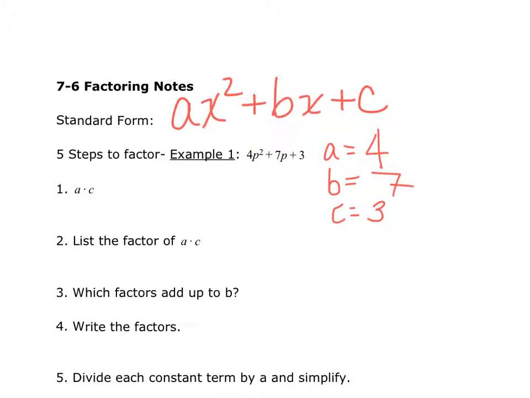All right. So step 1, you ready? Step 1, we're going to multiply A times C. So here A is 4, C is 3. 4 times 3 is 12.